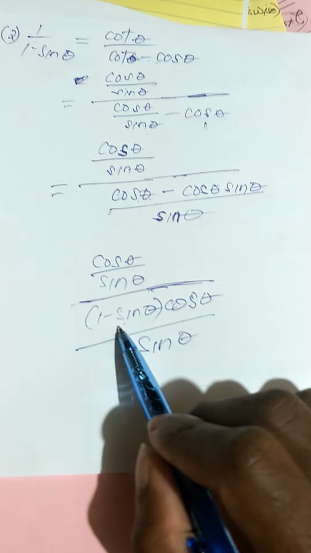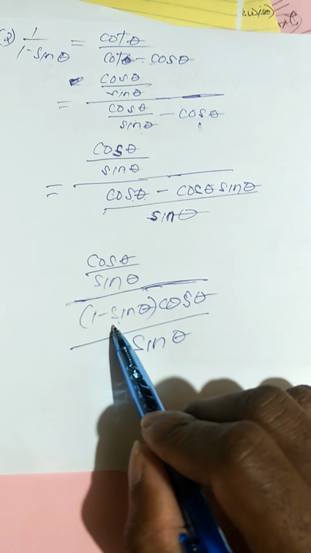Okay, let me explain. Why did I apply the relationship of this one here?